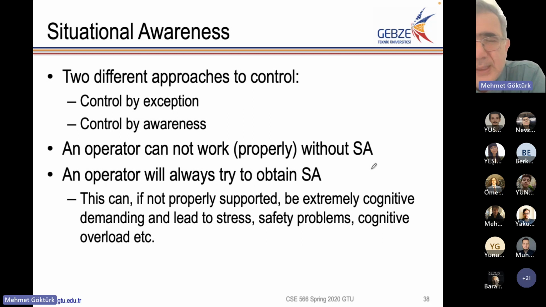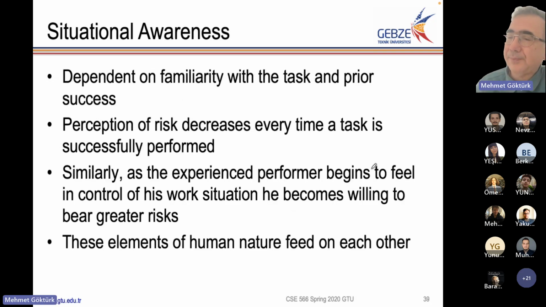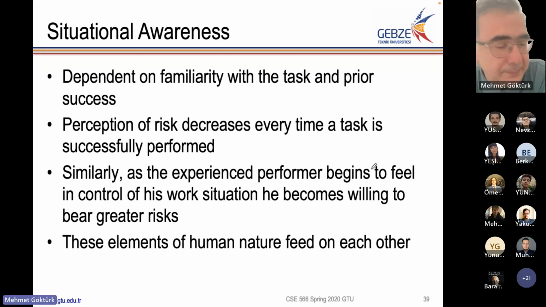So you are under too much stress if the interface is not giving you enough information. If you are familiar with the task before, then you will be a little bit more successful. If you are trained and have done the task before, your performance is a little bit better. However, it's not zero.